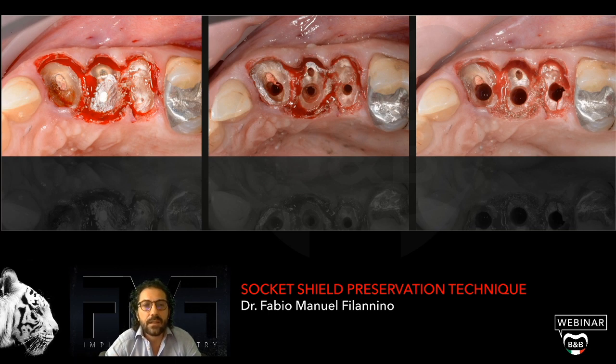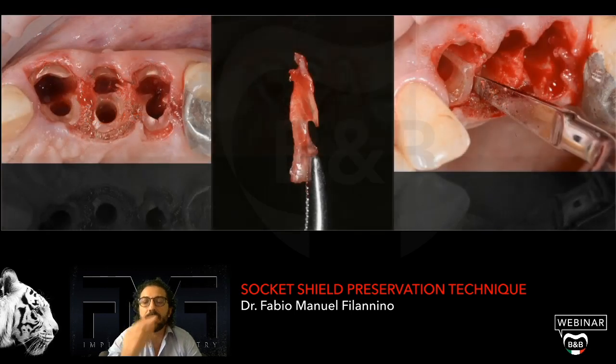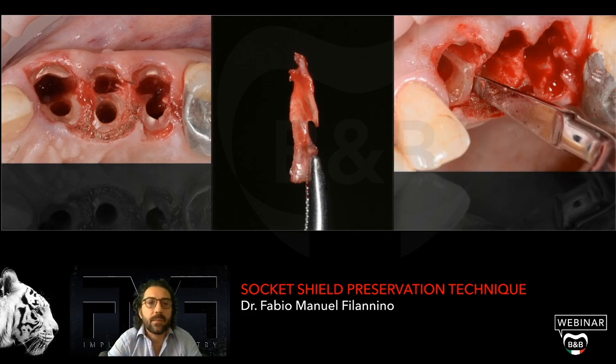So I started with high speed drills, and then I used the lance drill of the implant system, and I reached the 2 millimeters drill situation in the last image.